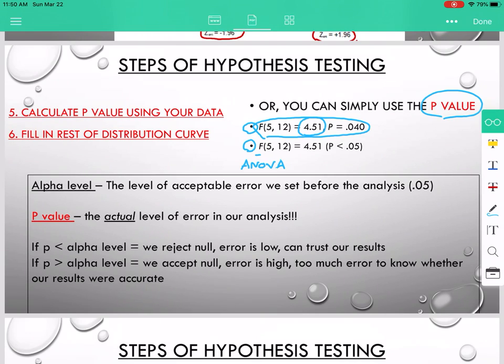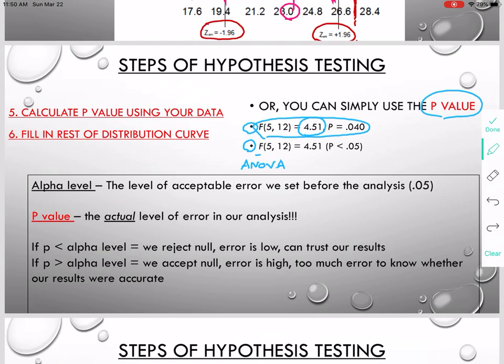We went back to before, the alpha level. Remember we set the alpha level ourselves? If we're doing our hot dog example, the alpha level was our acceptable amount of error. We set our alpha level to be 0.05. That means the acceptable amount of error that we're willing to accept is 5%.